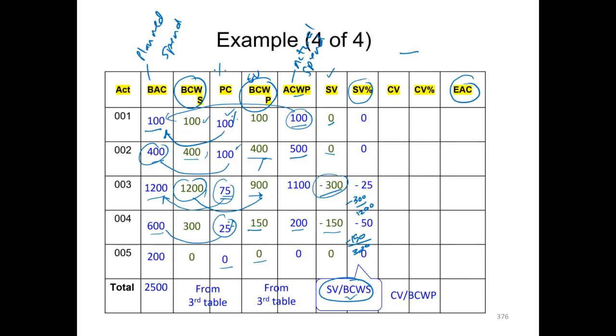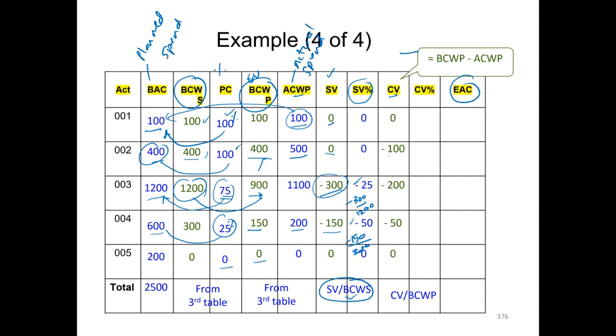Right, so we can see that two of our answers are negative, telling us that we are falling behind schedule in terms of activities 3 and 4. But we also need to monitor the health of these activities based on the cost information. The formula for the cost variance is BCWP minus actual cost of work performed.